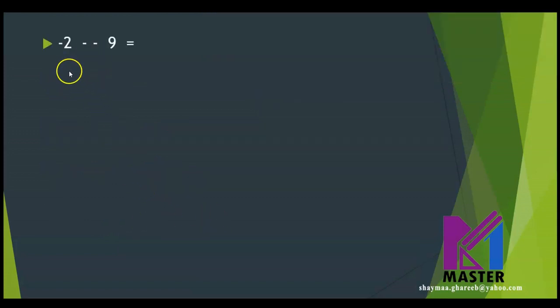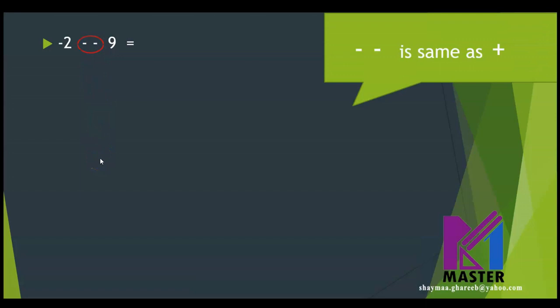Now, what if I'm subtracting a negative number? In this case, when I am subtracting a negative number, I can change both signs by using an addition sign. So the sentence will be -2 plus 9 instead of -2 minus -9.